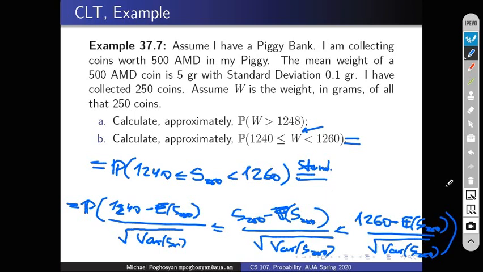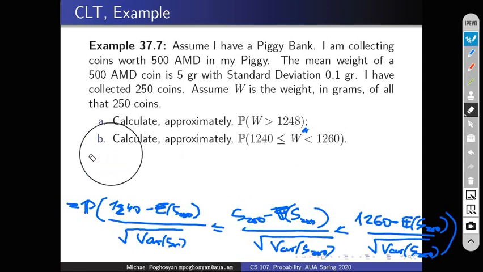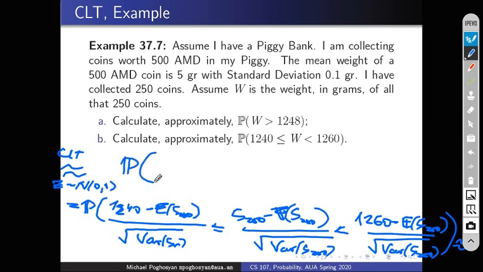And now I'm using, at this point exactly, the central limit theorem. The central limit theorem says that this is approximately equal, taking some standard normal random variable z, to the following. Instead of this, I am plugging exactly z.